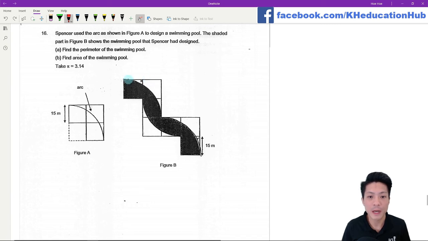Okay, we have to realize the perimeter of the swimming pool is made up of 1, 2, 3/4 arcs, right? And this, and this. So the first thing that I'm going to find is the circumference of the 3/4 arc. Okay, for part A, I'm going to use 3/4 multiplied by pi.